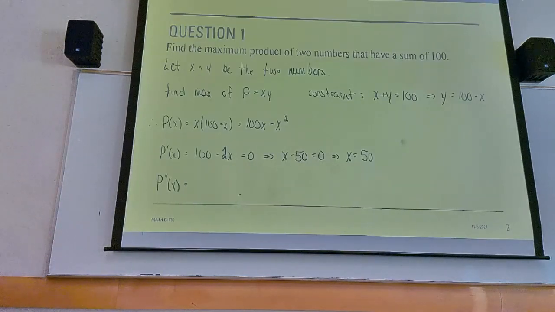In optimization, I typically use the second derivative test. Does that only work with the relative max? The corollary is if it's the only critical point in the interval, it is an absolute. So in this case, it will give us an absolute, because there's only one critical point. What is the second derivative?